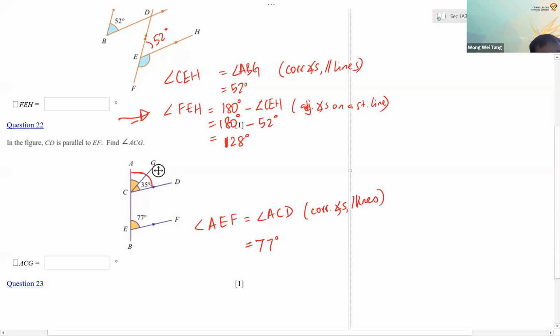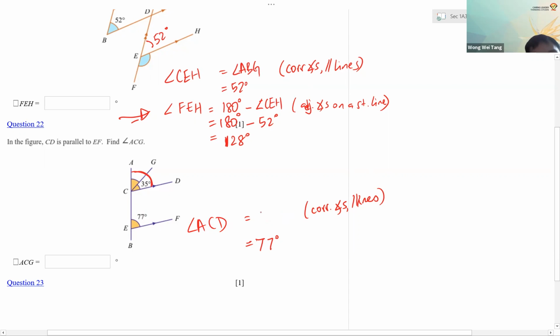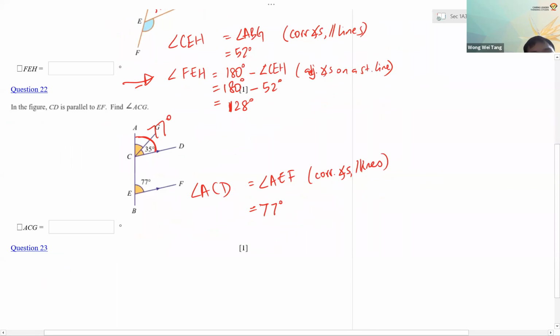Yeah. I would prefer that you put angle ACD on the left-hand side. Angle ACD is 77 degrees, and angle ACD is equal to angle AEF. Reason: corresponding angles, parallel lines, and this has a value of 77 degrees. Okay, final step. Come on, let's go. Quick, what is it?